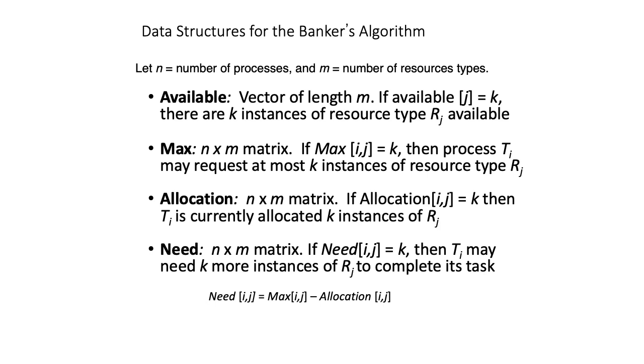So for instance, we can say that process Ti may request at most k instances of resource type Rj. And then Allocation represents the current allocation to a process, so how many instances of a resource type are currently allocated to a process. And then Need equals the maximum allocation that a process may request minus the current allocation that process is currently holding.